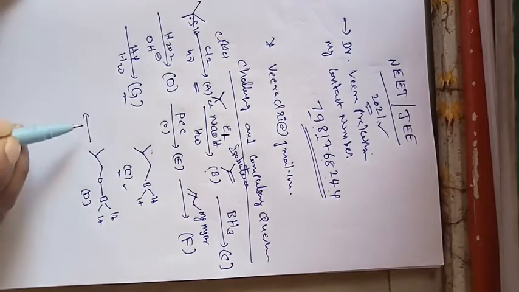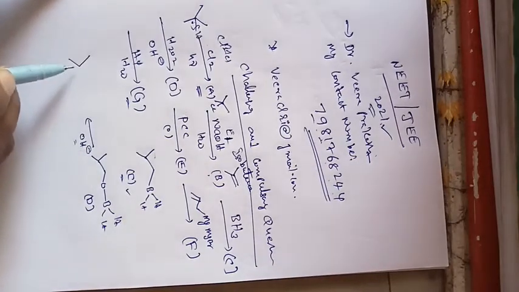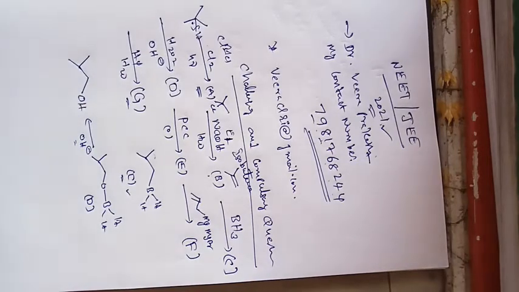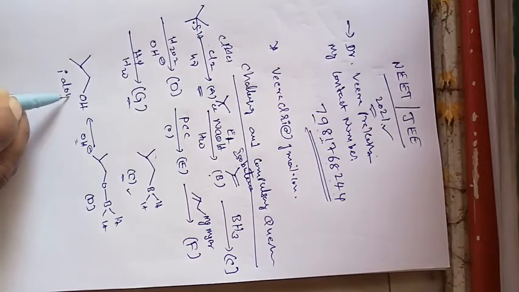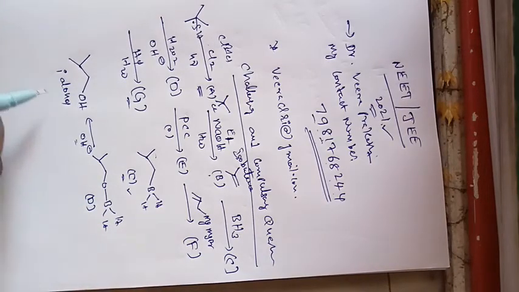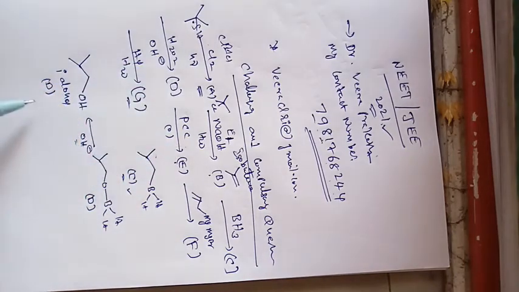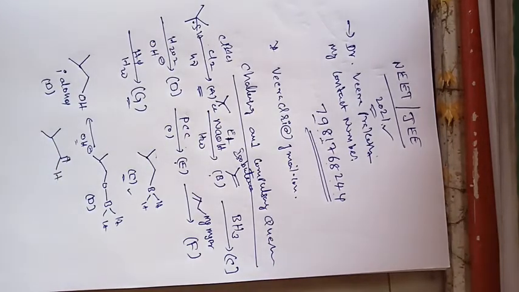Upon hydrolysis in the presence of oxidation, the product is isobutyl alcohol, a primary alcohol. We know that hydroboration oxidation gives the less substituted product, the primary alcohol, so this is D. Upon oxidation with PCC reagent, it will convert into the aldehyde. This is compound E.